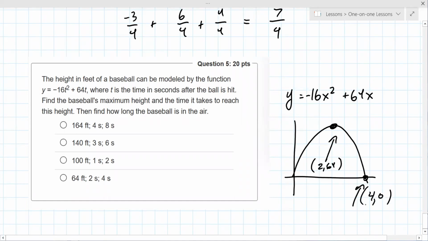Good. So the ball goes up, hits a high point, then comes down and hits the ground. You can see that this is correct because this is the max height, this is the time that it gets there, and this is the time for the ground.